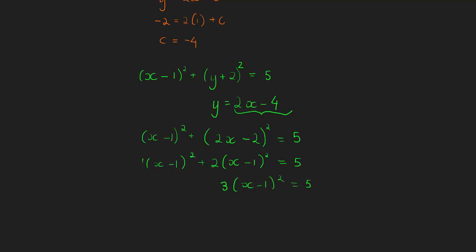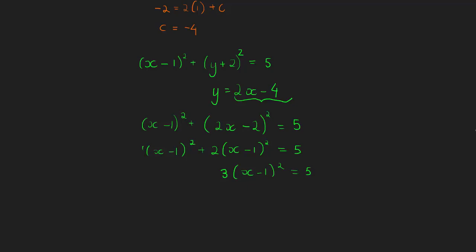Which then can become x minus 1 squared is equal to 5 over 3.